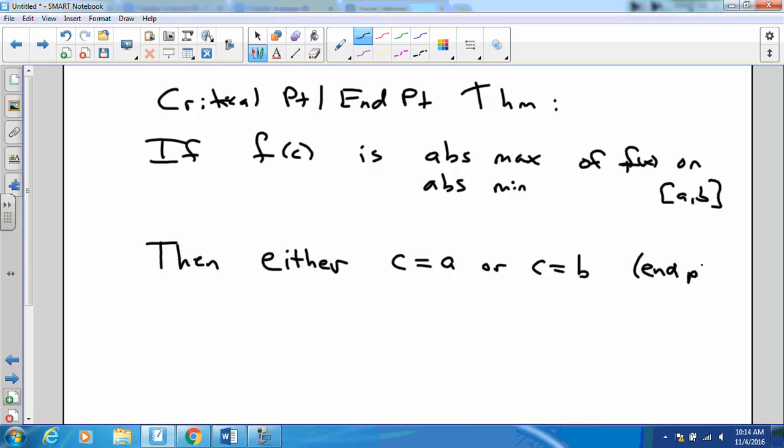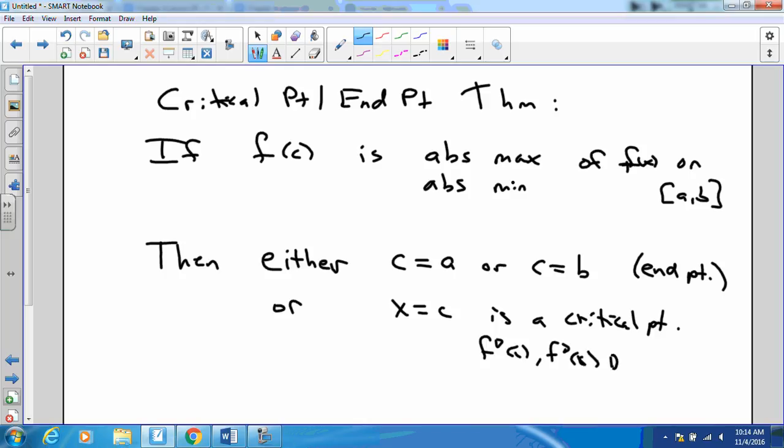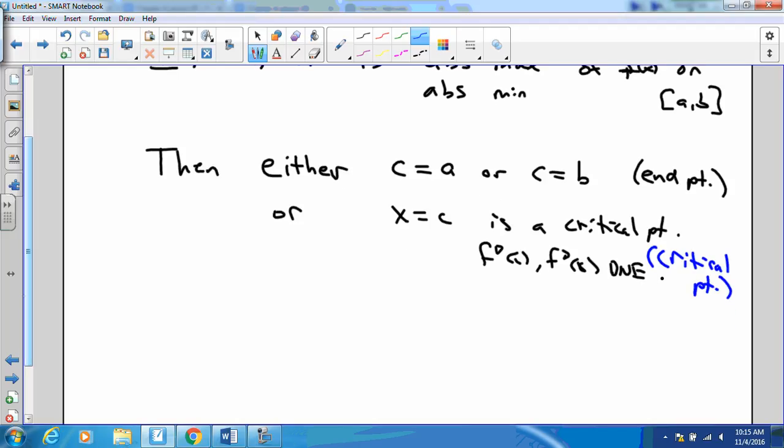In other words, c is an endpoint. This is the endpoint possibility. Or x equals c is a critical point. That is, f prime of c is 0, or f prime of c does not exist. And that's the critical point possibility. In other words, absolute extrema only occur at critical points or endpoints.